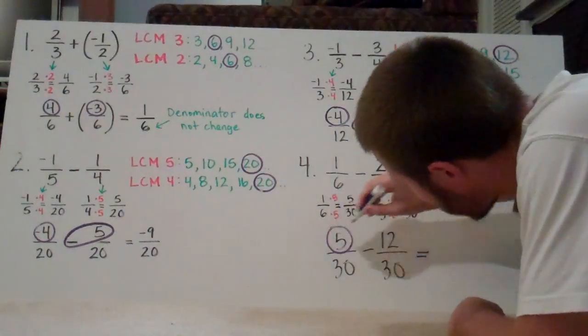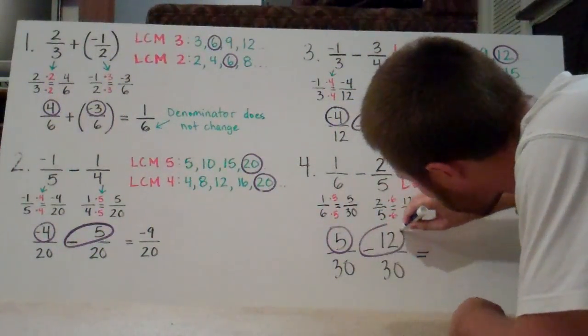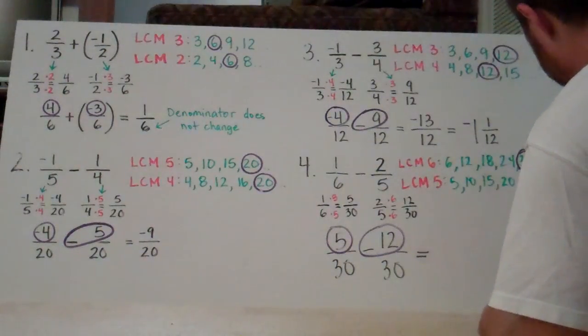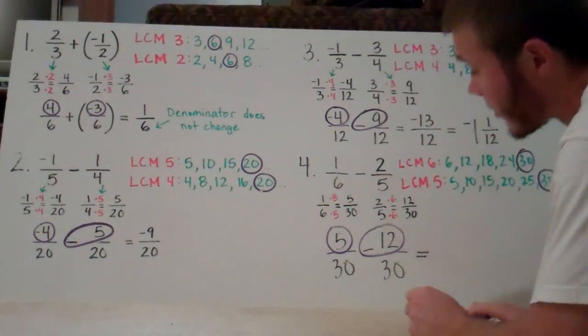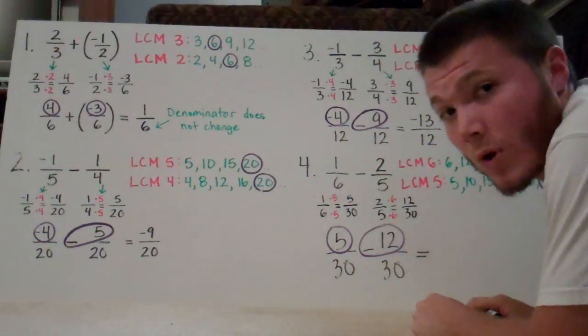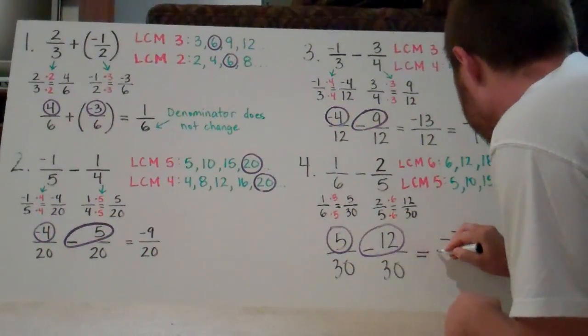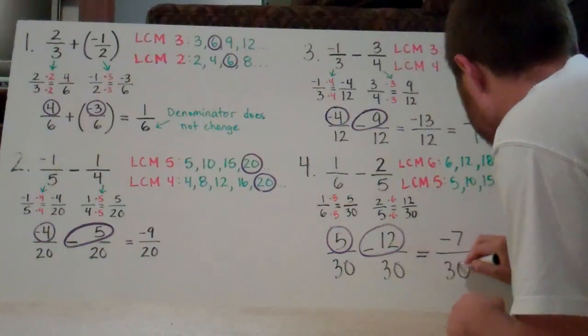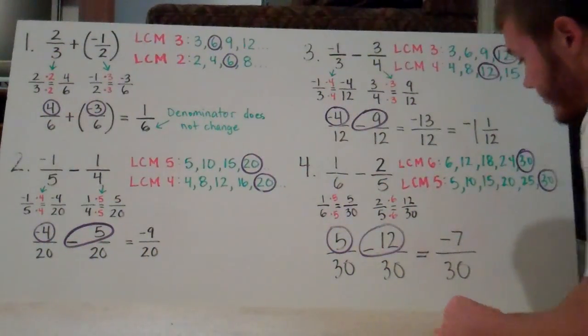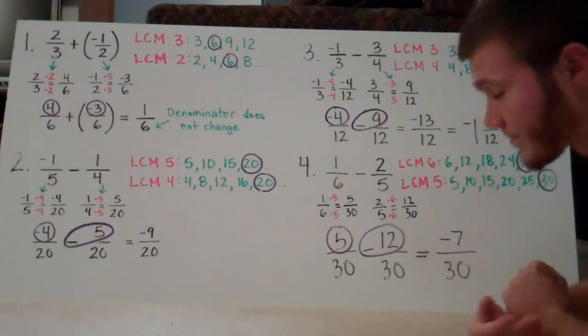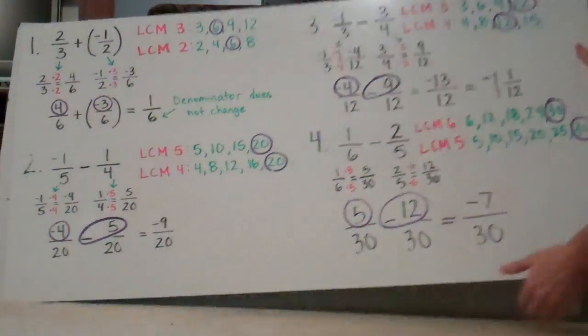Got positive 5, negative 12, or minus 12. You have $5, you owe 12. What you're going to be left with is negative 7/30. So that's our answer. Okay, next slide.